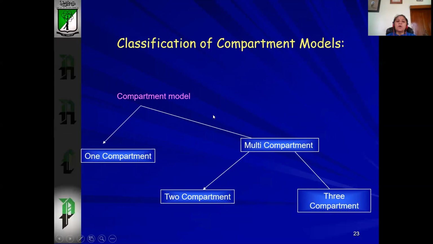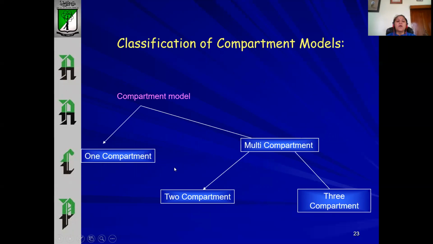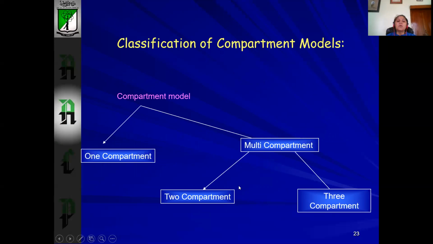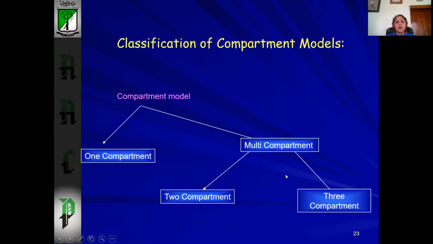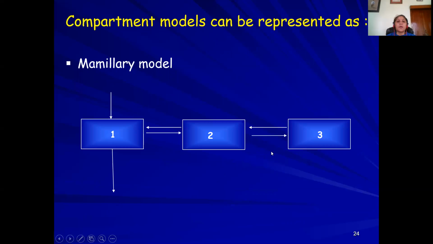Now, compartment models could be classified as one compartment model and multi-compartment model. Multi-compartment models could be two compartment model or three compartment model. Compartment models can be represented as mammillary model and catenary model.